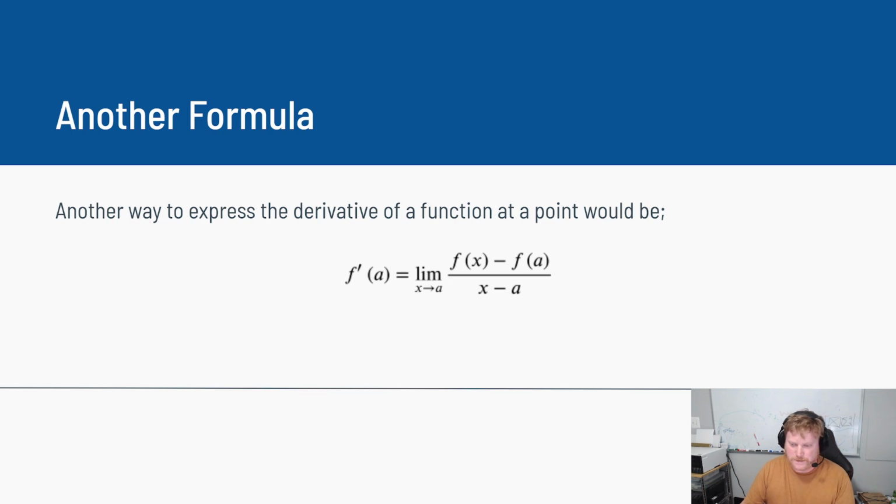If you participated in the difference quotients activity, we have a difference in y values divided by a difference in x values, and the limit is used to make the distance between the x values go to 0. So instead of saying delta x goes to 0, we're saying we're letting x get closer to a. So still that difference between the two x values is becoming so small that it becomes negligible.